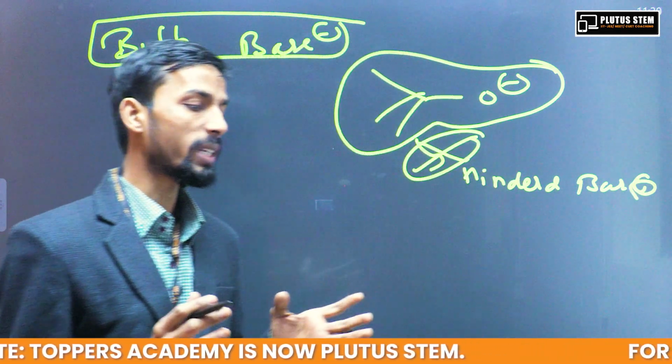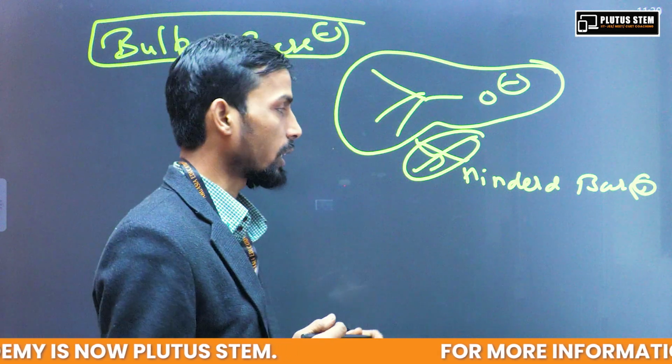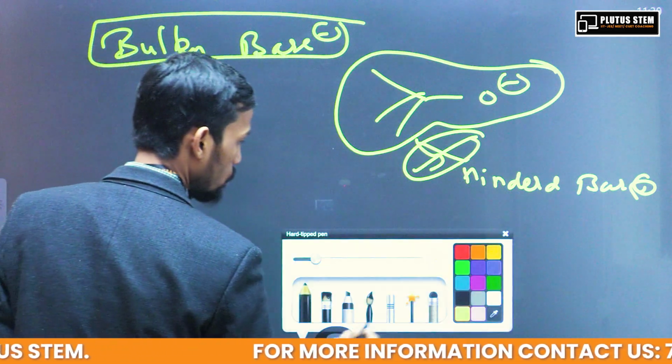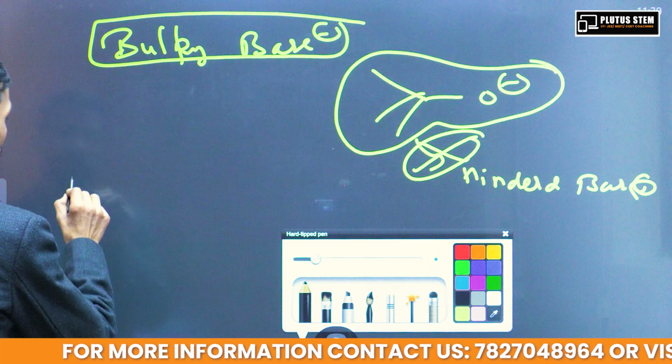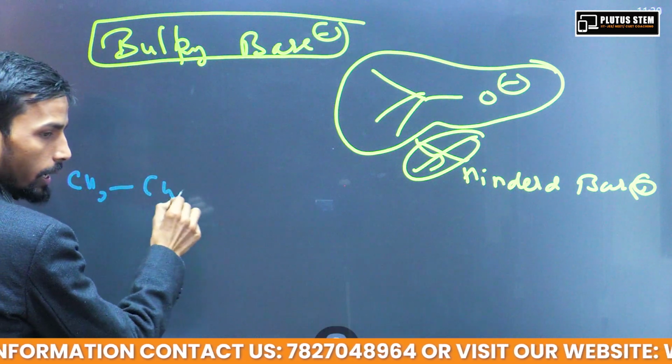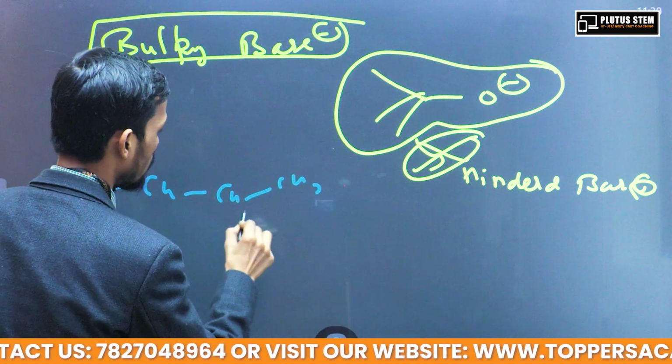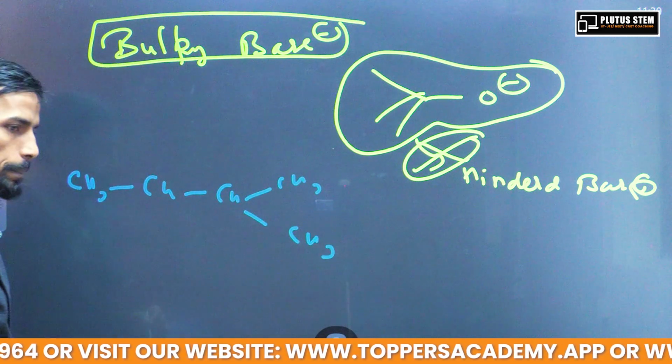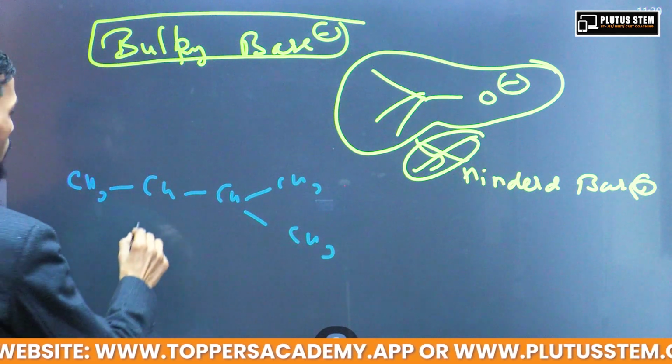It will take only those protons that are present on the less hindered side. So if we take an example of this, we are having CH3, CH, CH, CH3, CH3 and a Cl at this side.